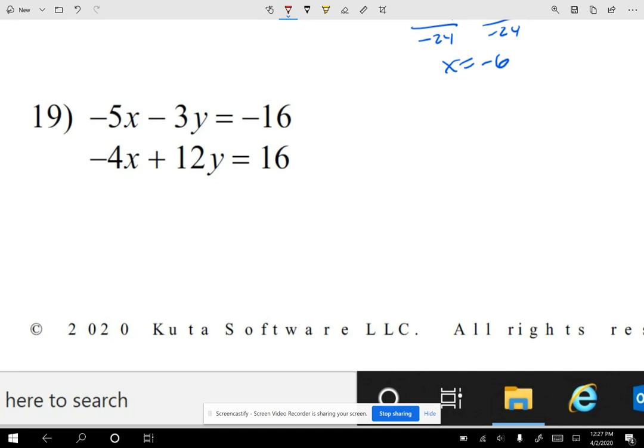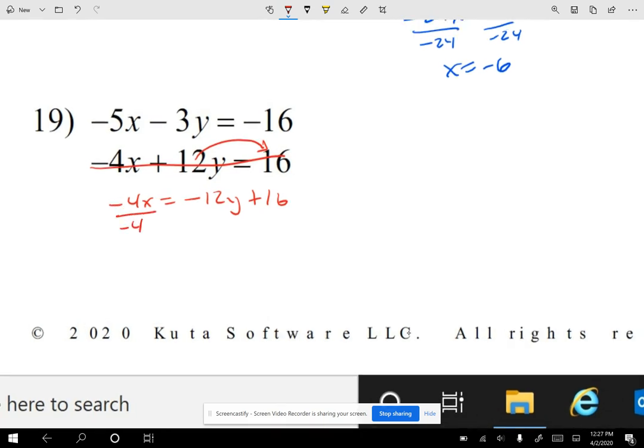What I'm going to do, I'm going to move the 12y over. So let me write this as -4x equals -12y plus 16. Remember, I moved the 12y over to the other side of the equal sign, so I switched the sign. So that's what I have now. Now, to get the x by itself, let me divide everything by -4.